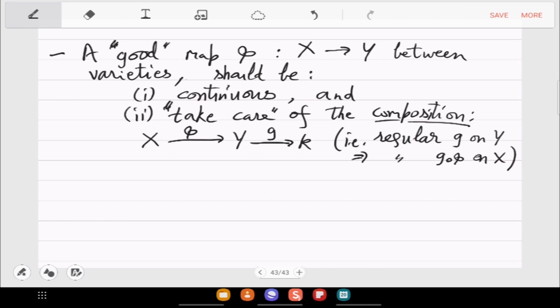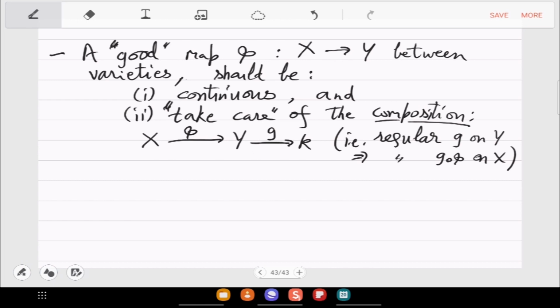So here, this G is any regular function or some regular function? No, it's any. Because any G takes elements of y to k. So if you want to define a good map phi to compare two varieties, then it should be true for all phi's and for all G's.